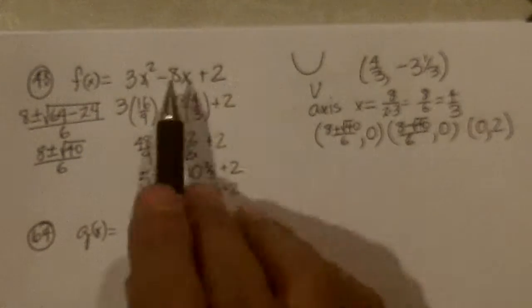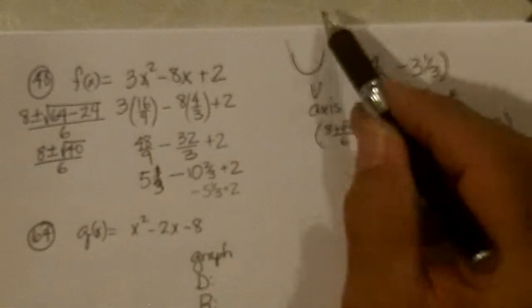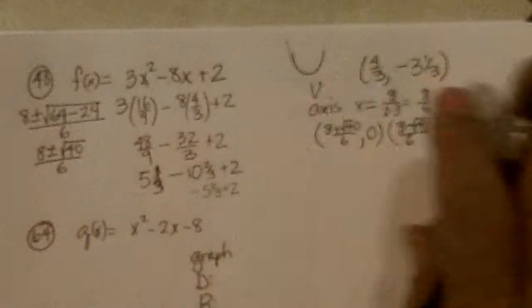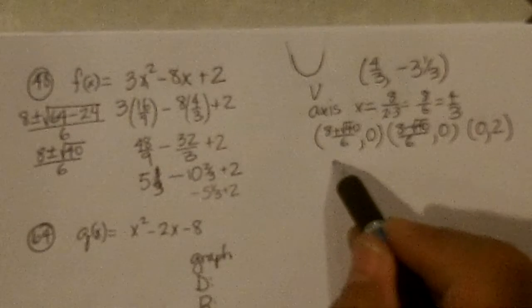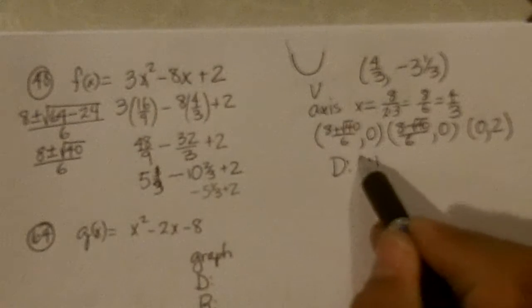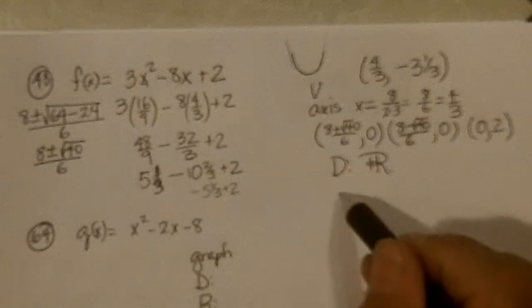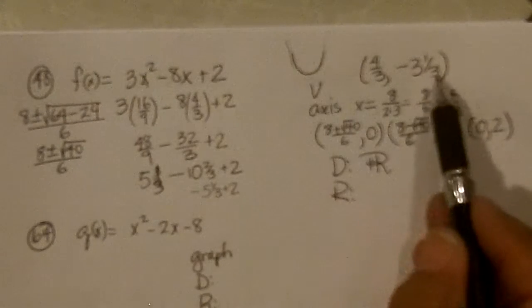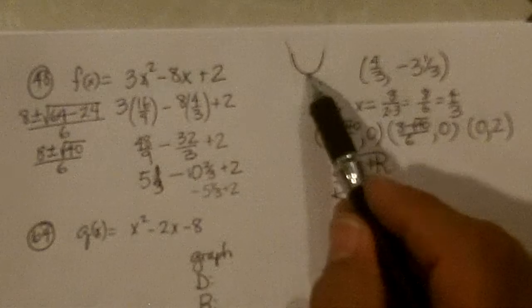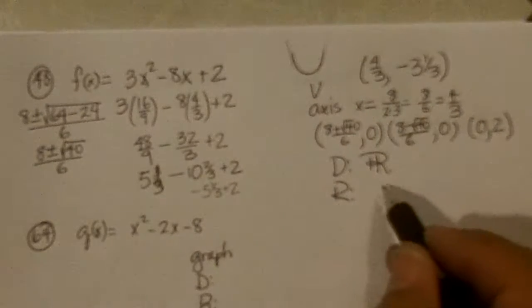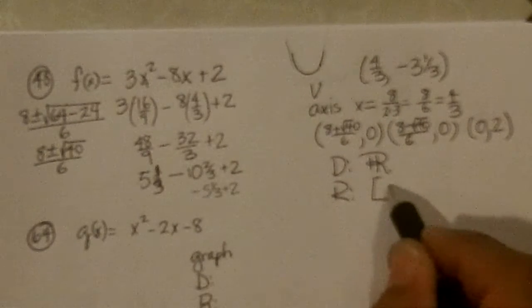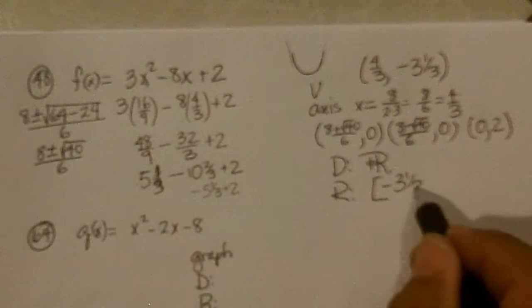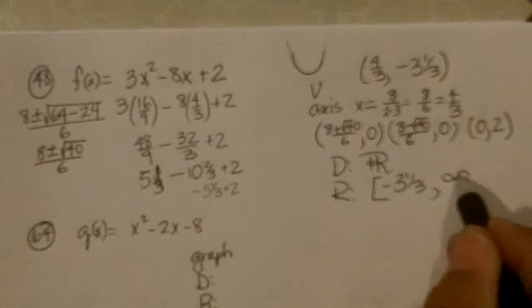The domain. This parabola will go on forever and ever sideways, I can put any x in, so the domain is all reals. The range, since the lowest place, the vertex, is at -3 1/3, and then it goes up from there, the range would go from -3 1/3 to infinity.